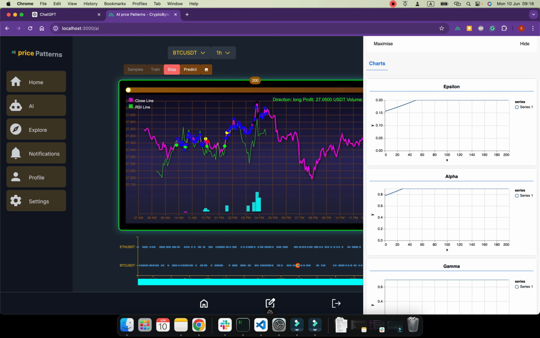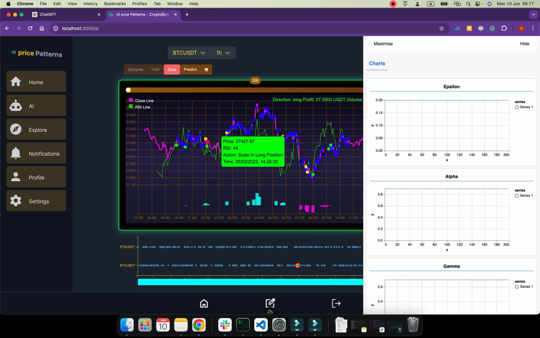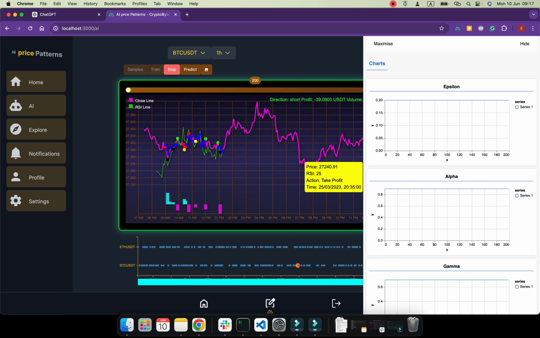Yeah, of course it makes sense. Scale out means decrease our leverage. What else? It's short positions, and I'm trying to close this one. It is take some profit. Yeah, it's some short. Okay, let's wait.